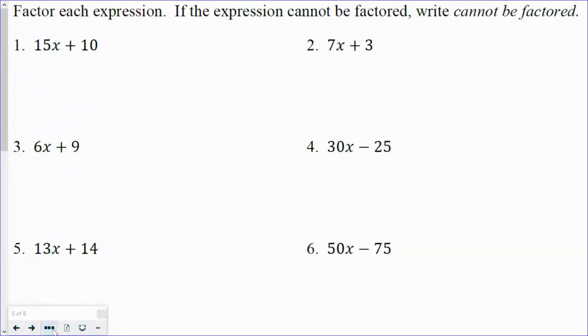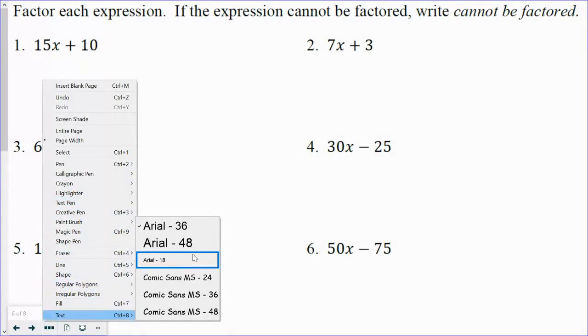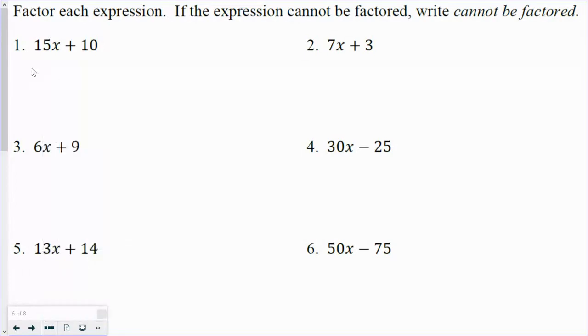So what numbers could I multiply to get 15? What is my greatest common factor? Well, 1, not even, but 3 can go into it because 3 times 5 is 15.